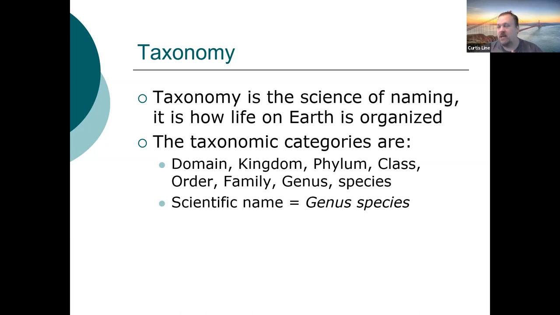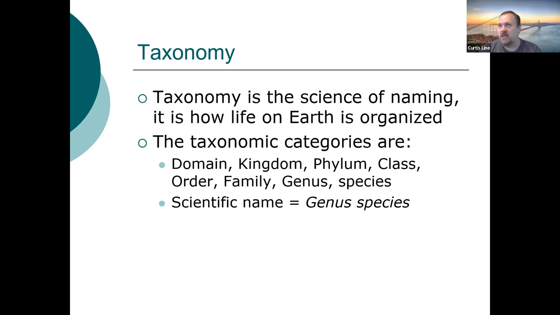I'll get to domain in a bit here. So we're actually going to start with kingdom, all right? So a human is a living thing, and a dog is a living thing. What type of living thing? They are both animals. So humans and dogs are in the same kingdom, kingdom Animalia, okay?